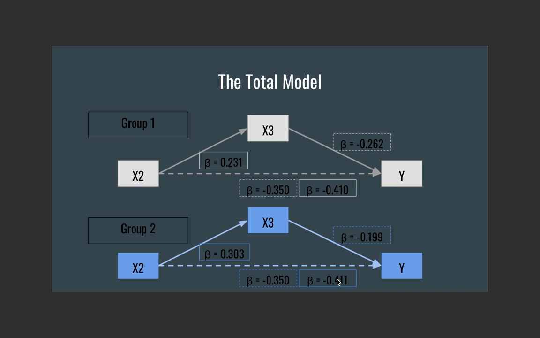So now looking at the total model that I ran using SEM functions in R, the boxes with the dotted lines indicate the relationships that were attenuated when they were run simultaneously in the path analysis. So that would be path B here and path C prime here for both groups.